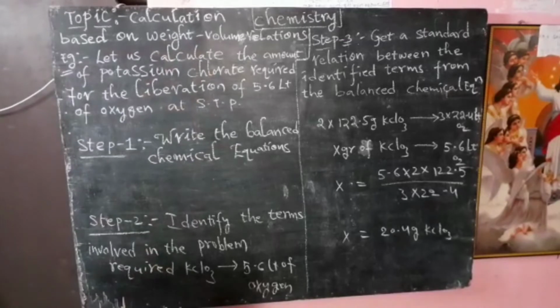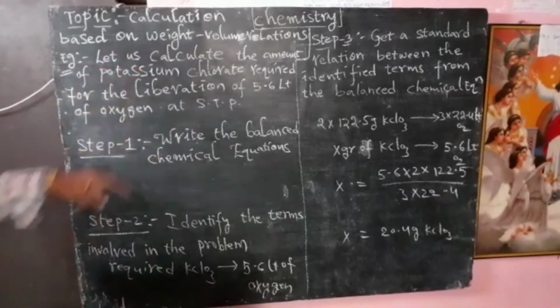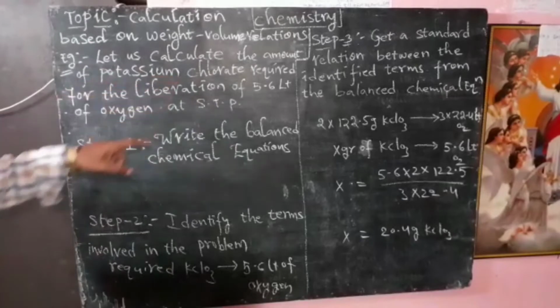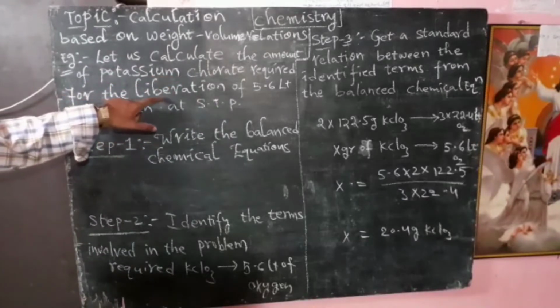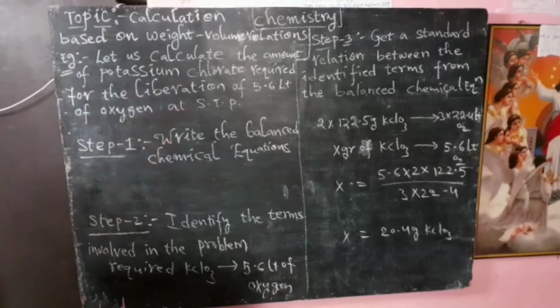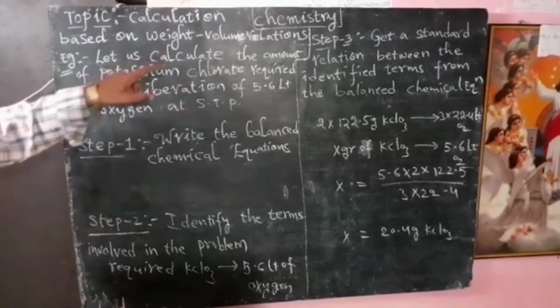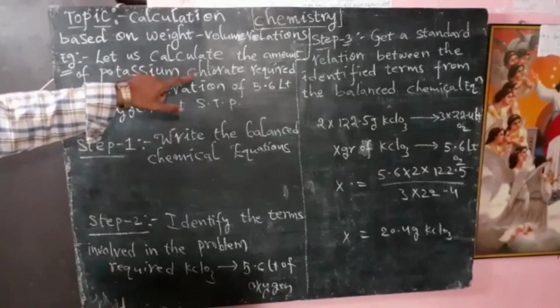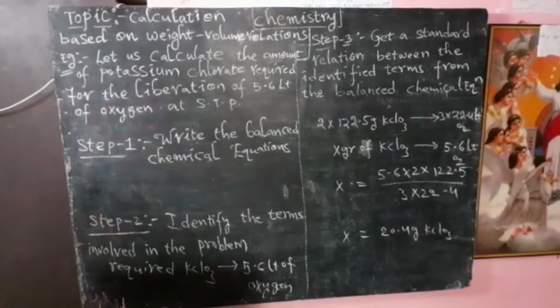The problem is: let us calculate the amount of potassium chlorate required for the liberation of 5.6 liters of oxygen at STP.